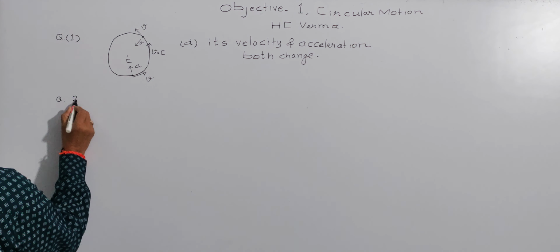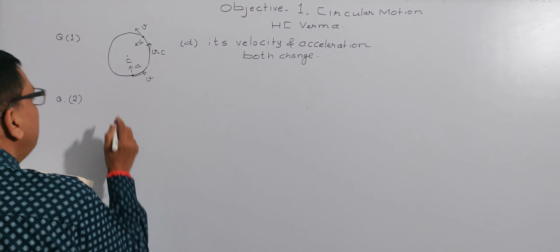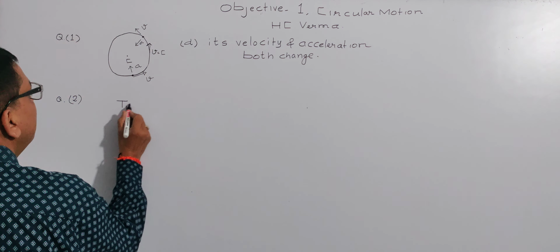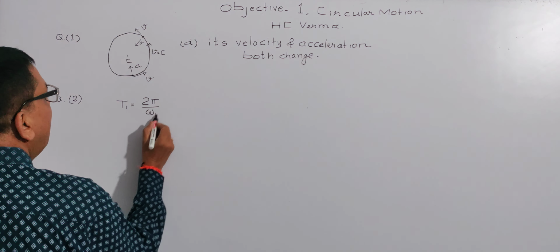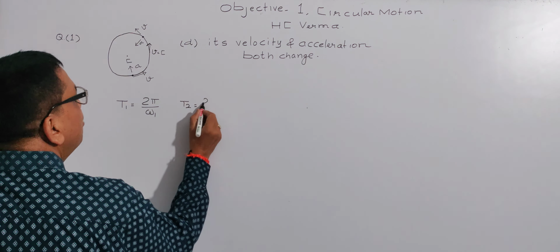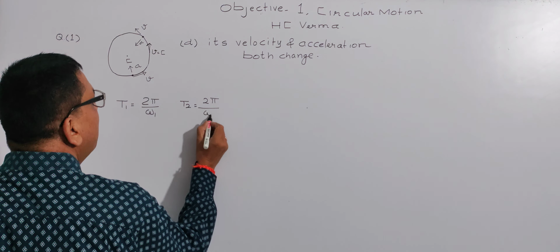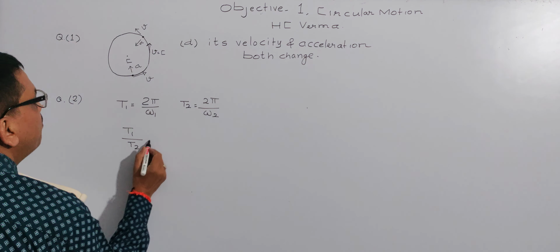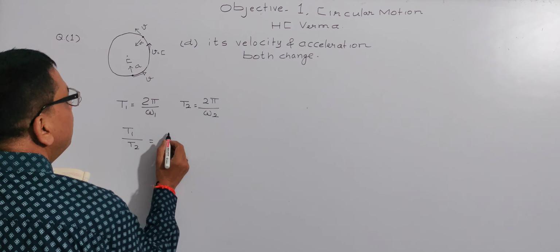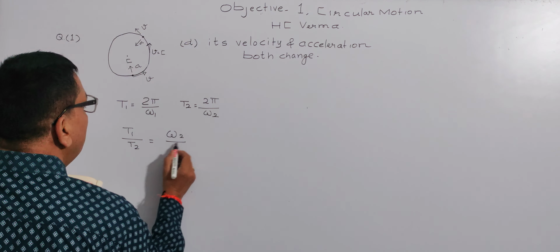In question number 2, it completes the circle in equal time. The time period t1 is given as 2 pi by omega 1 and time period t2 can be written as 2 pi by omega 2. So if you see the ratio of time t1 by t2, you will observe omega 2 by omega 1.